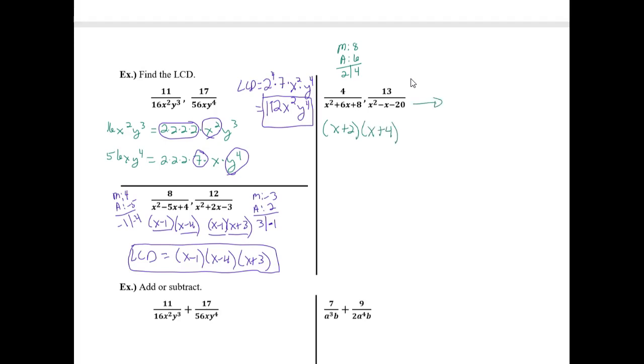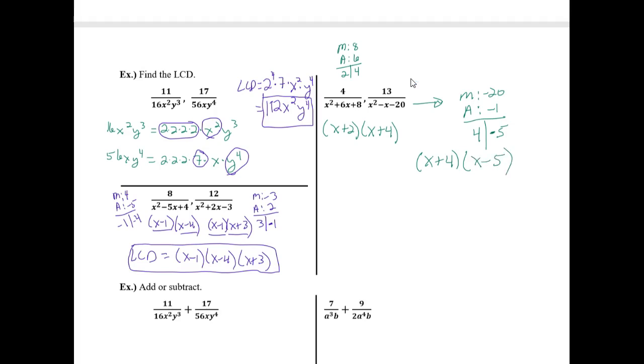This one here on the right, I want factors that multiply to negative 20 and add to negative 1. So 4 and 5 are 1 away from each other. And if I put the negative with the 5, it will add to negative 1. And so those will factor into x plus 4 and x minus 5.